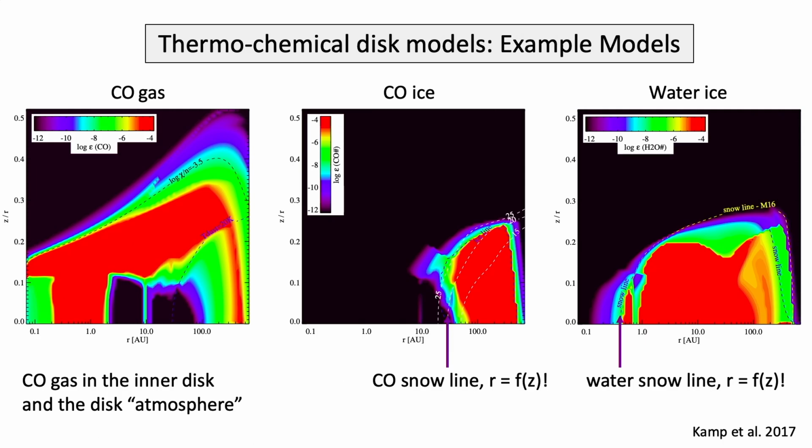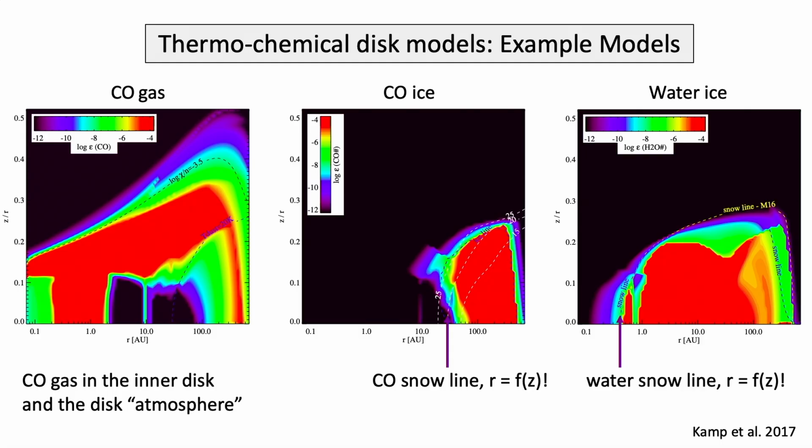But then you look where CO ice is, where CO has condensated to ice mantles around dust grains. And you find this. That's just complementary to what you have here. So CO is either ice or gas. And there are other things happening also. Destruction through chemical reactions. So you may have other reasons why a molecule is abundant or not, but here it's ice formation.